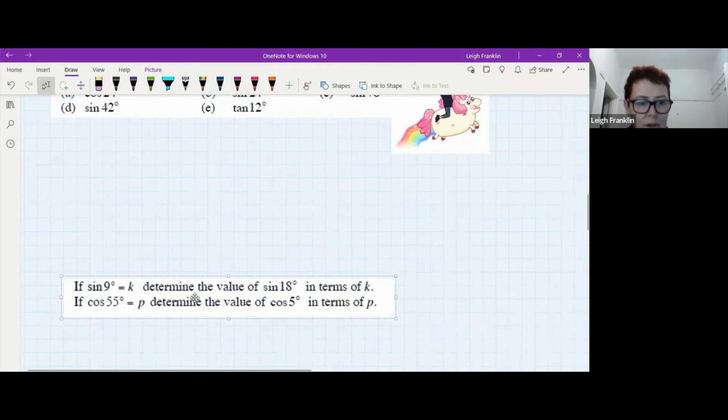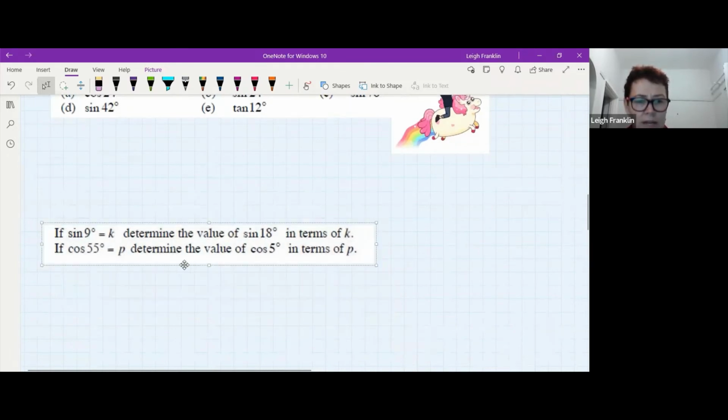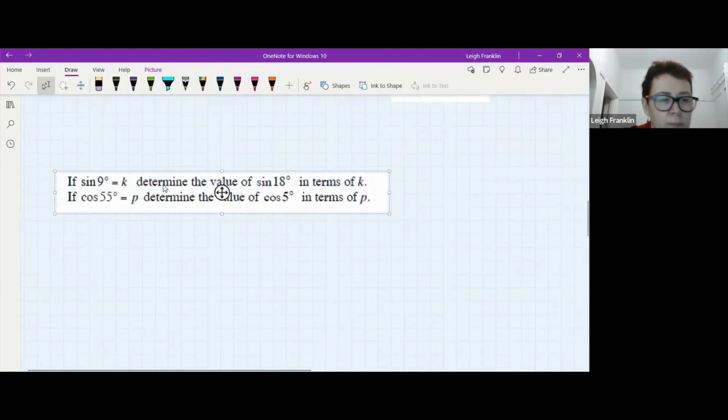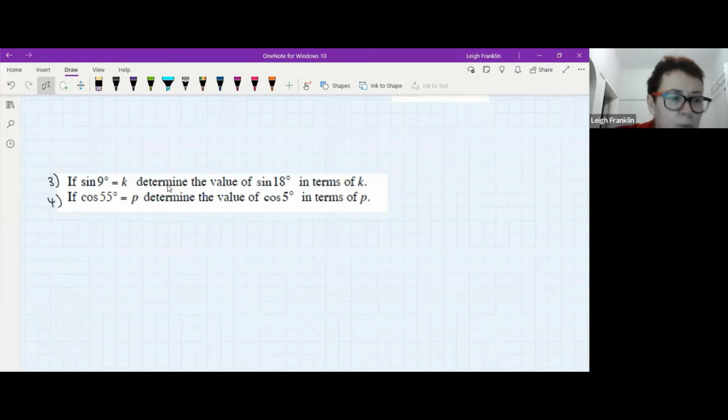Let's have a look at if they gave us a question like this. These are two separate questions, even though it doesn't look like it. So this one could be question number 3 and this one could be question number 4.